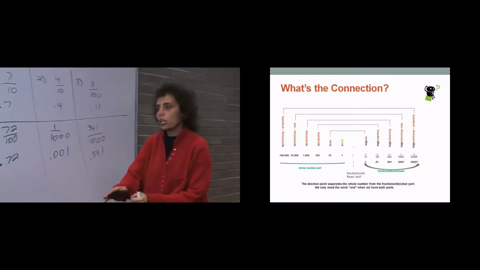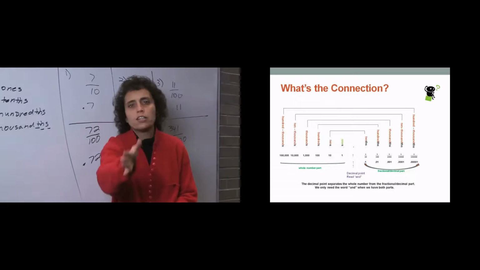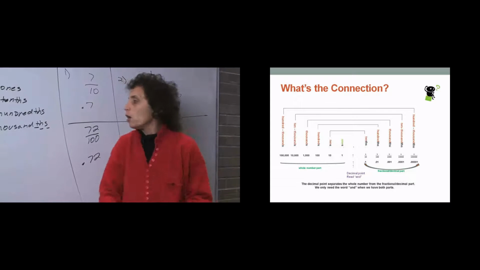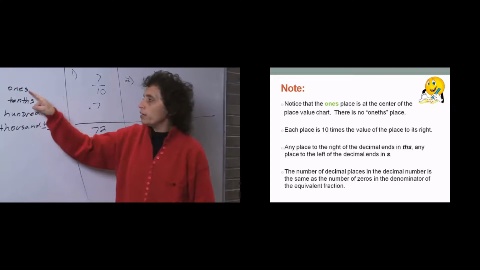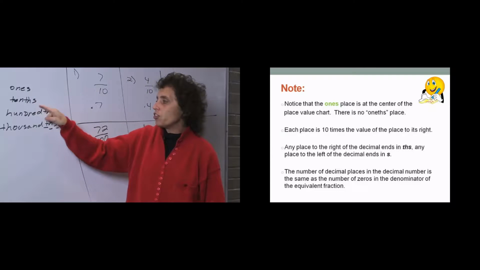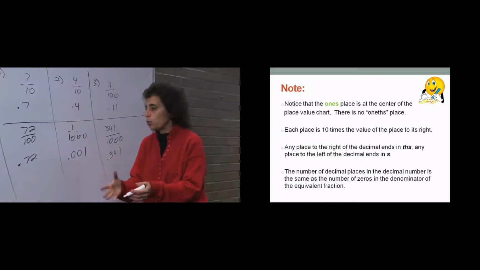That's to the right of the decimal. To the left of the decimal, you have the ones, the tens, the hundreds, the thousands, like we did earlier. Notice there is no oneths place. So everything to the right of the ones place has a "ths". Everything to the left does not. That's how we know it's a decimal value.